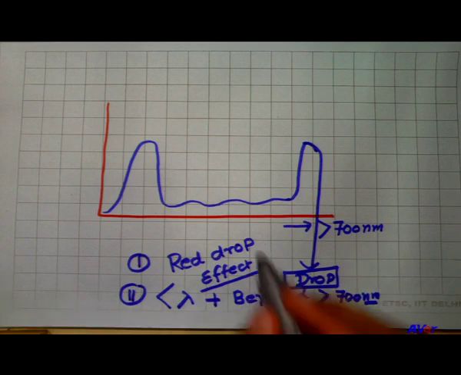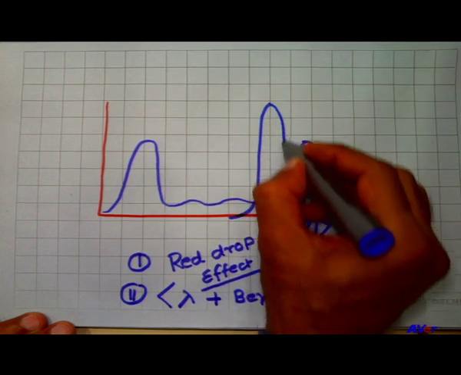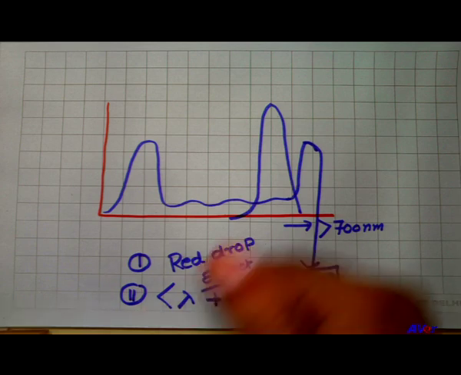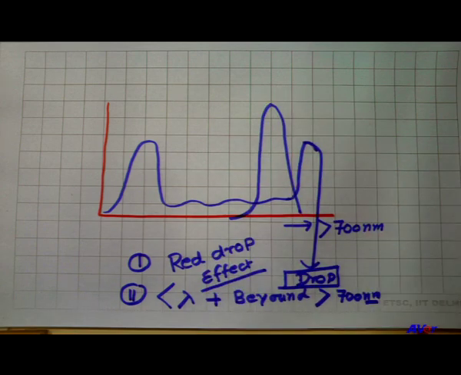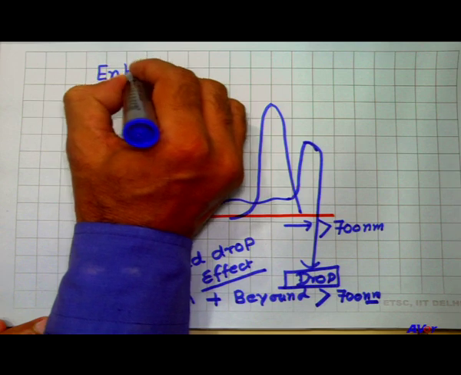He found that the rate of photosynthesis again increased. That means, when there is a combination of shorter wavelength as well as longer wavelength, the rate of photosynthesis increases. That effect is called the second effect, the Emerson enhancement effect.